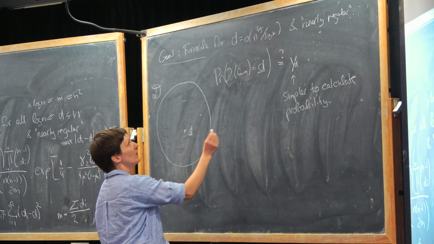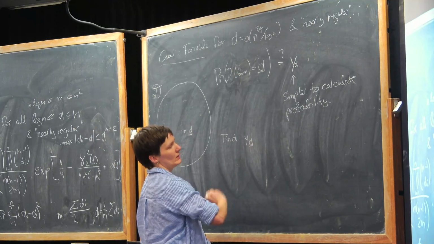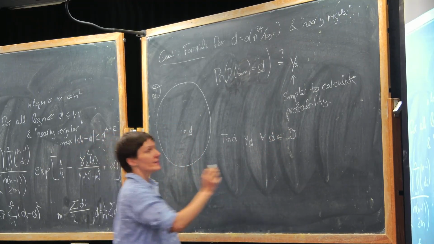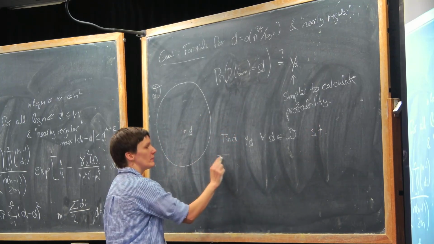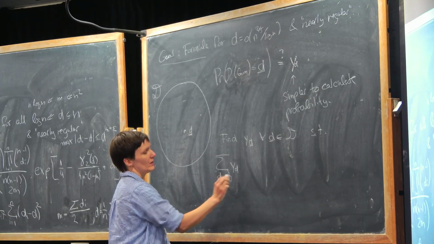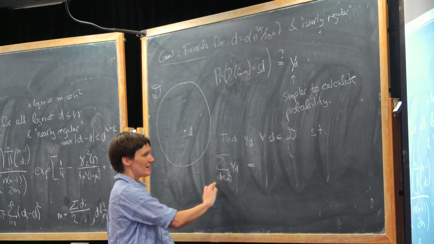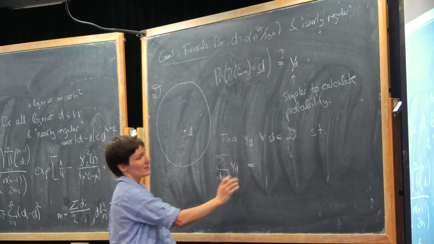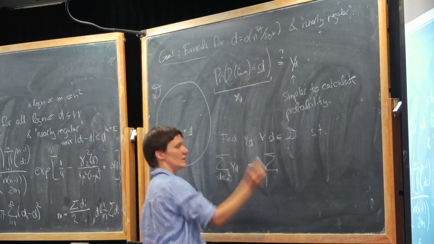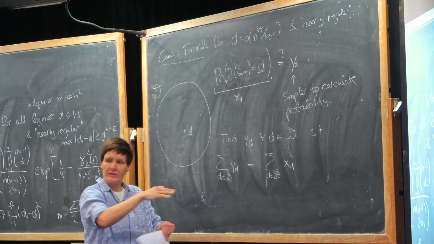So say we find Y_D for all D in the set D, such that if I sum the Y_D over all these D in my set, the sum is exactly the same as the sum of X_D, and the pairwise ratios agree.